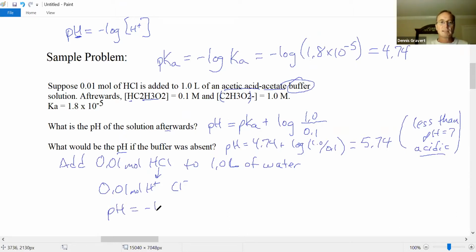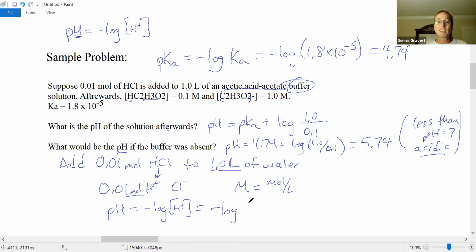To find the pH, we need to take the negative log of the hydrogen ion concentration. What's concentration measured in? The brackets want molarity. Molarity is moles per liter. Oh, we got moles here. We got liters there.